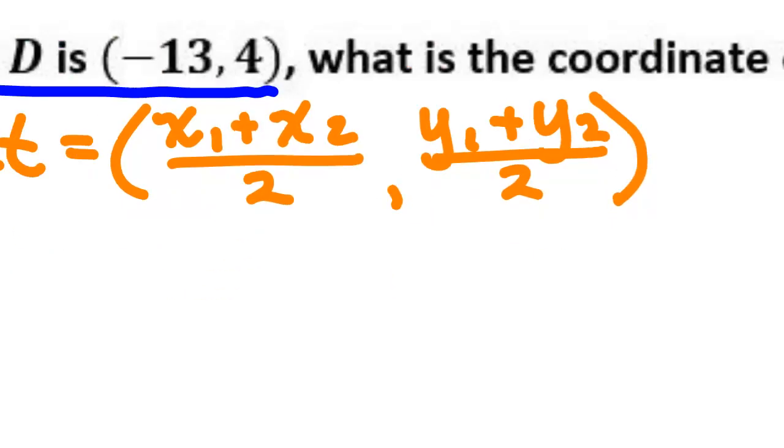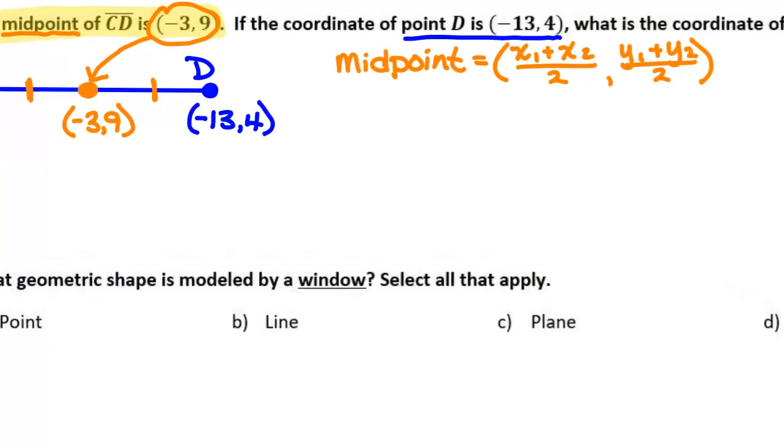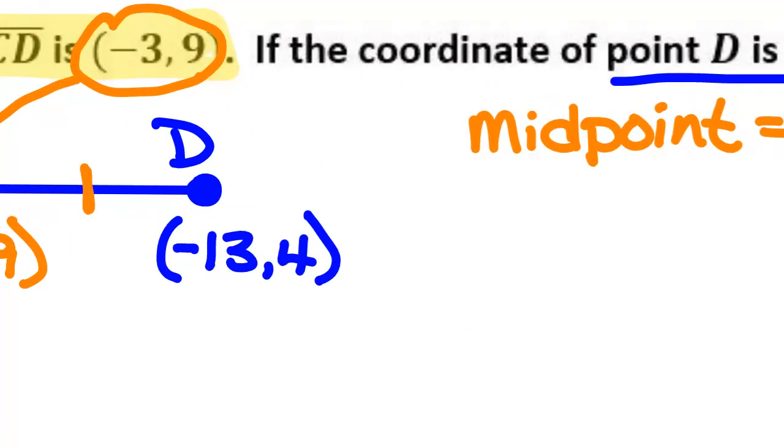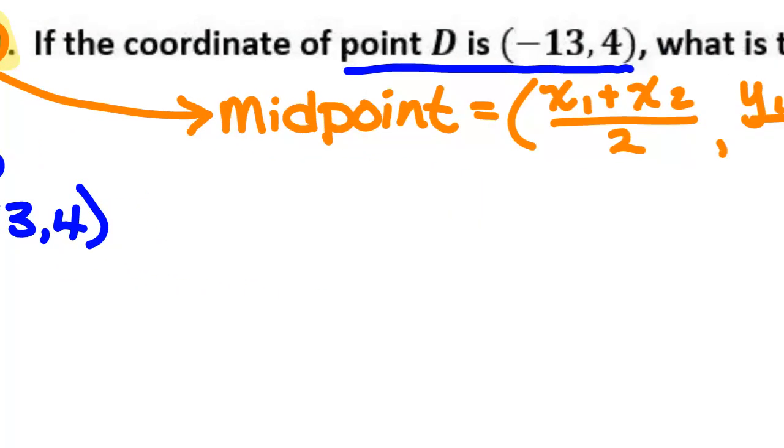Close my parentheses. The midpoint has to go in for the words midpoint. Midpoint can never go into my fractions in my formula. Midpoint doesn't belong there. That's where the ends go. So negative 3, 9 goes in over here on the left.